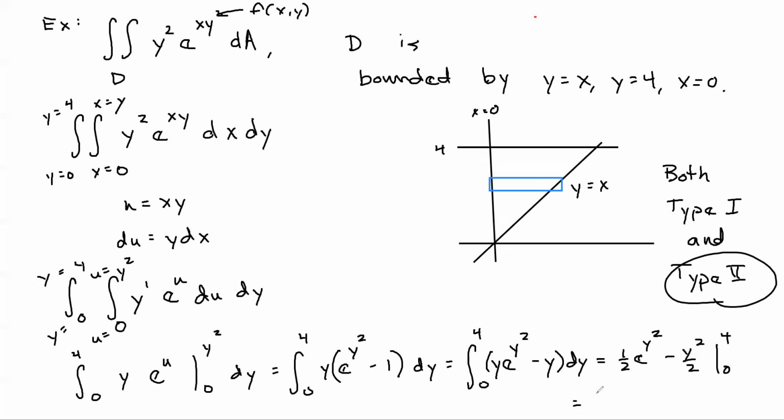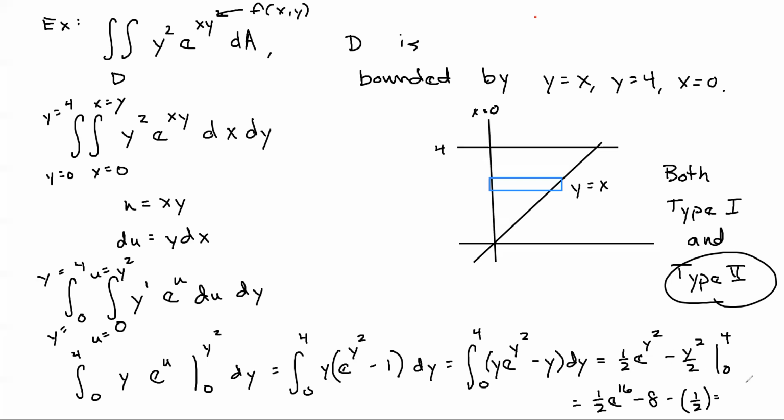So we're going to get 1/2 e to the 16 minus 16 over 2, that's going to be 8, minus, plug in 0. If you plug in 0, we're going to get e to the 0, that's going to be 1. So we're still going to have that 1/2 there, so we have minus 1/2. And then 0 here is just going to give us 0.